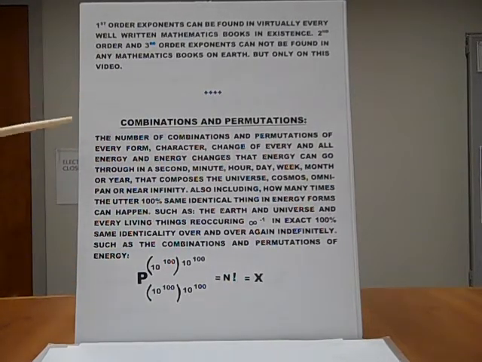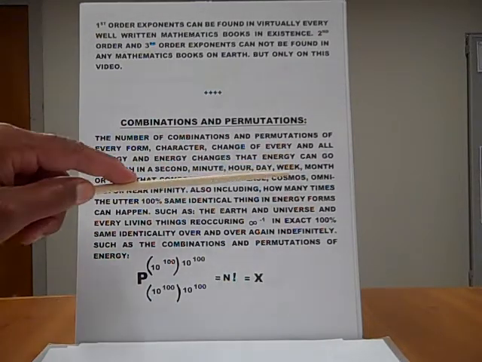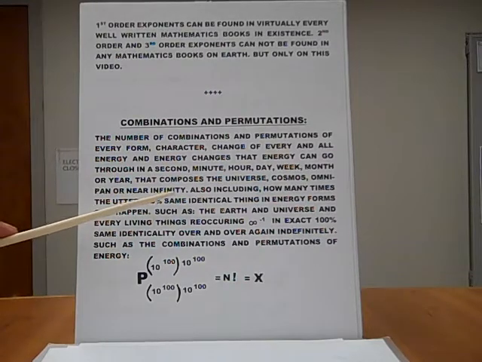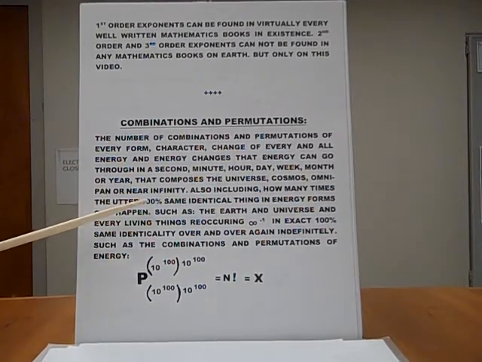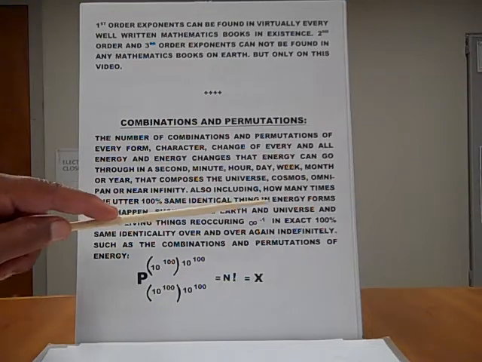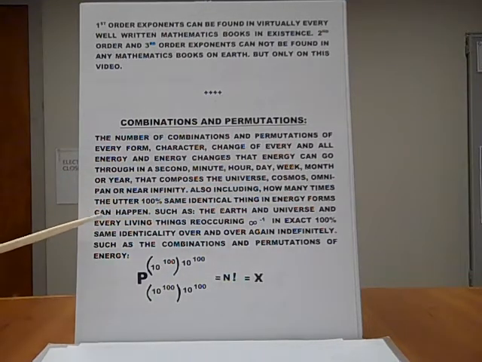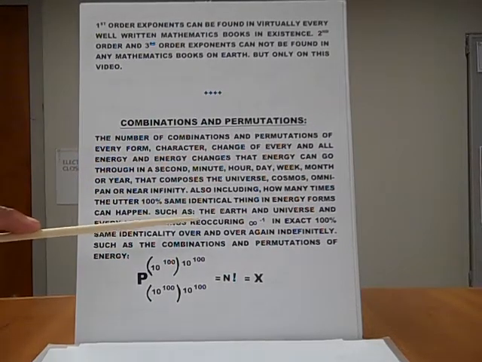Combinations and permutations. The number of combinations and permutations of every form, character, change of every and all energy, and energy changes that energy can go through in a second, minute, hour, day, week, month, or year, that composes the universe, cosmos, omnipan, or near infinity, also including how many times the utterly 100% same identical thing in energy forms can happen, such as the Earth and the universe and every living thing reoccurring.